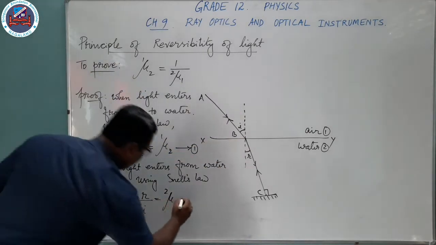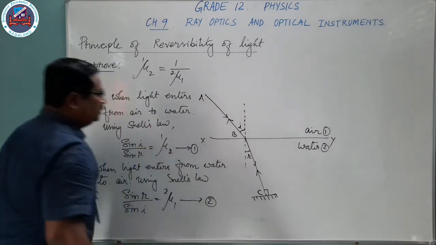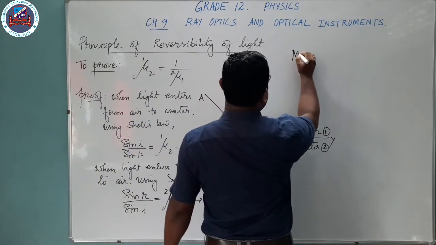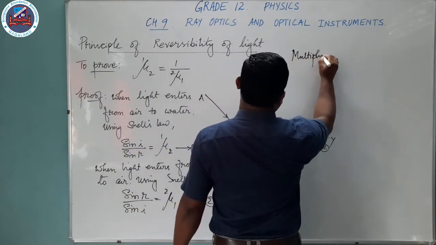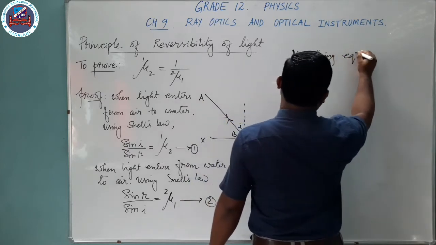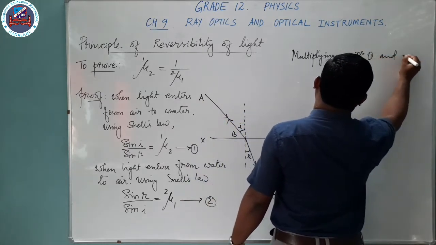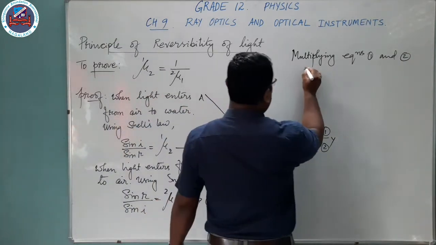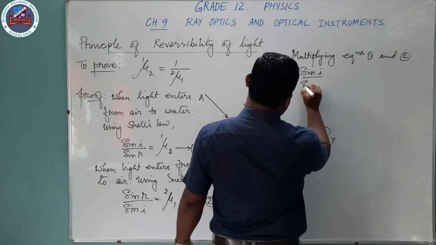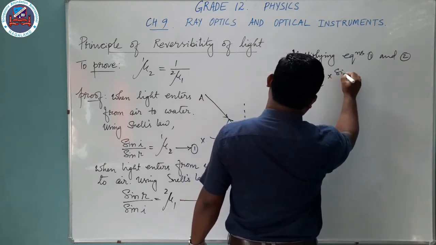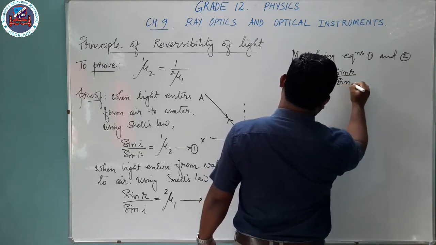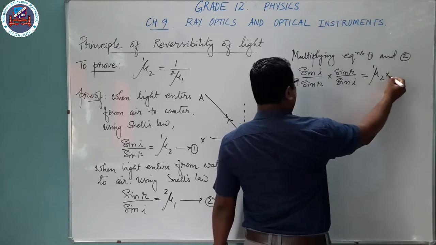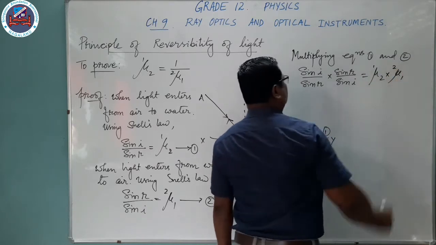Now, this one I take as equation number 2, and if I multiply them both, multiplying equations 1 and 2, what I get is sin i by sin r into sin r by sin i is equal to, on the right hand side, the refractive index of the second medium with respect to the first multiplied by the refractive index of the first medium with respect to the second.